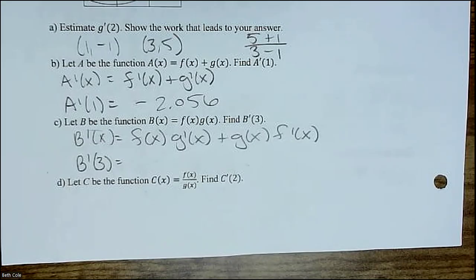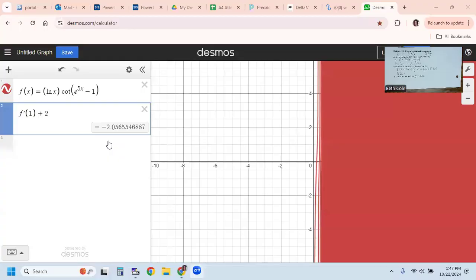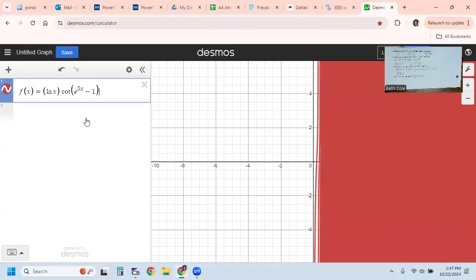Now, I can't have both my calculator and this paper up there at the same time. So anyone watching the video, I can't switch back and forth, so you're going to have to bear with me here. Clear out what was in the second box, but leave this. You don't have to retype that. So we are going to put f of 3 times g prime of 3.